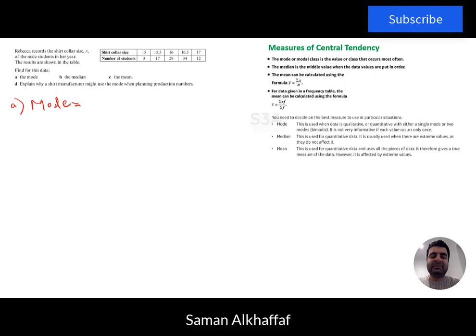in the scenario 16.5, which is the highest frequency in the scenario.